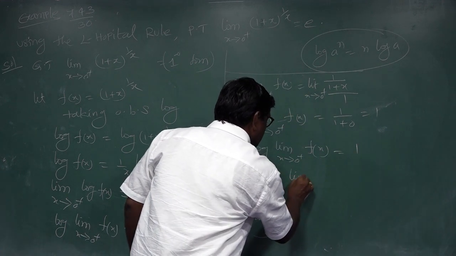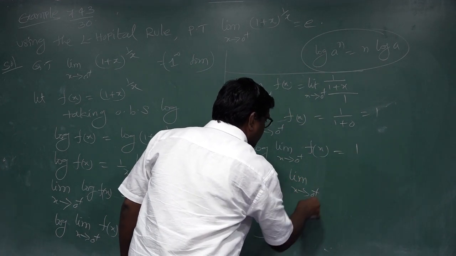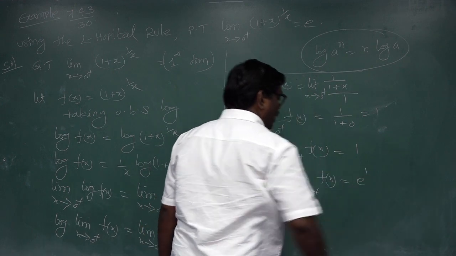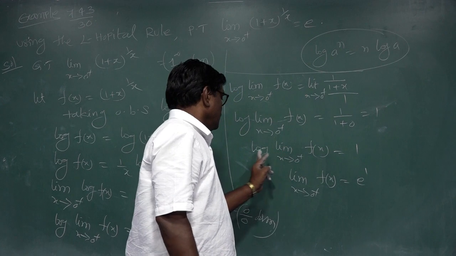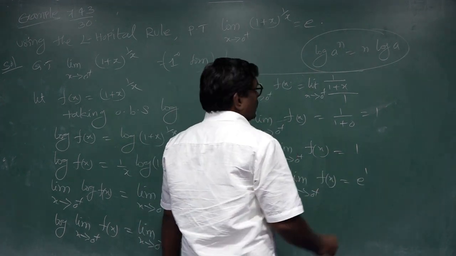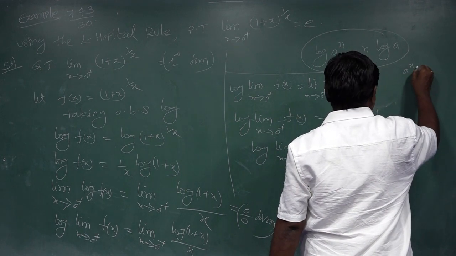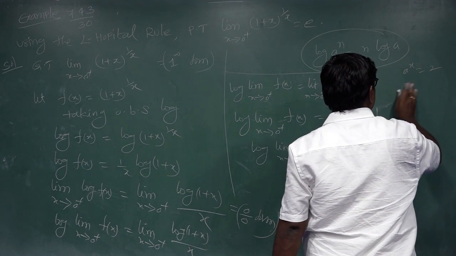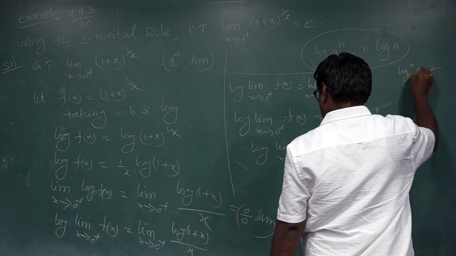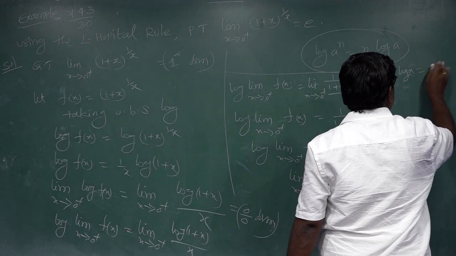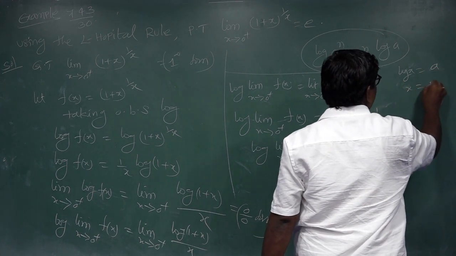So the limit as x tends to 0 plus of f of x equals e power of 1. By the logarithm formula, if log x equals a, then x equals e power of a.